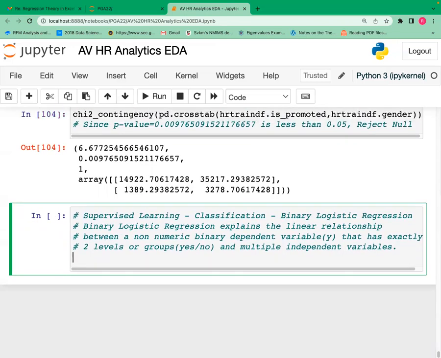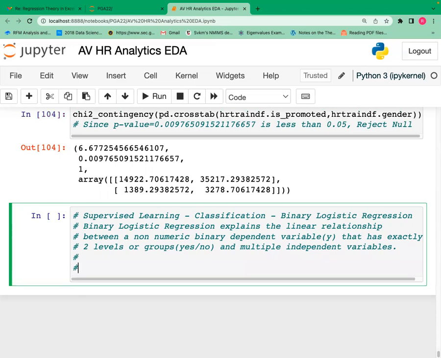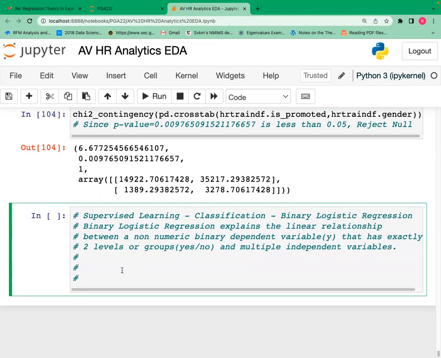The equation is P is equal to e to the power of, e is what? Exponential.